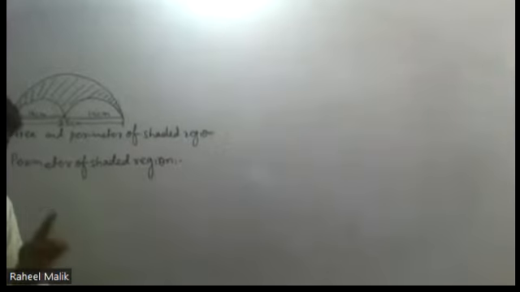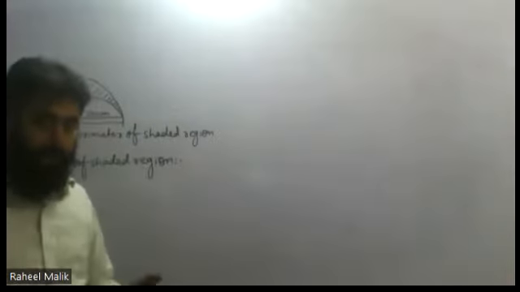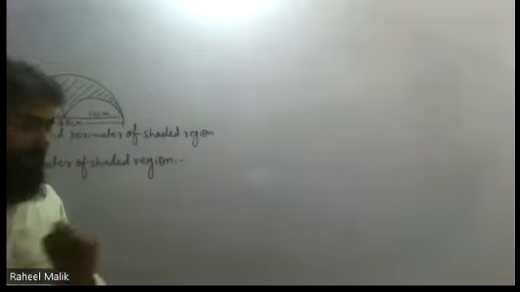When it comes to the perimeter of the shaded region, what you have to do over here, perimeter means the boundary. So how will you do the boundary thing over here? See, this is the part which is the shaded region. So you will go with the boundary of the shaded region.